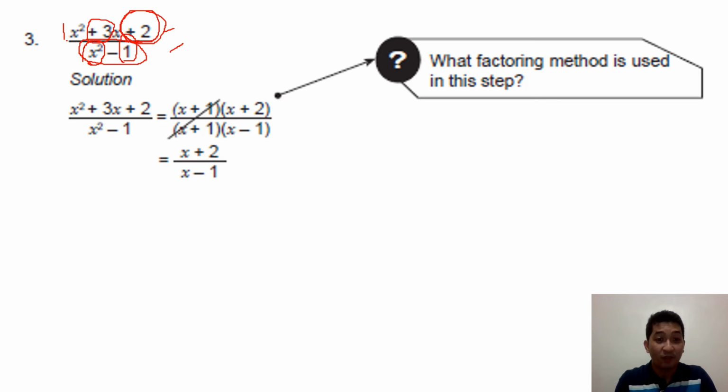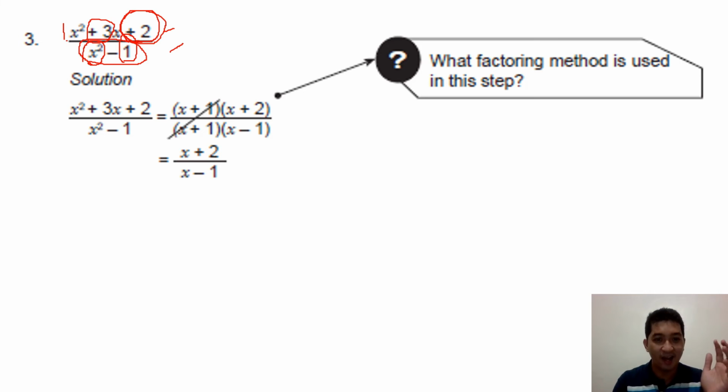So, ano ba ang kanyang factor? Simply write x plus 1, x minus 1. Or kung ano man yon, write the square root of the first term, x, square root of the second term, 1. And then, plus and minus. Yun lang yun. Since ito ay binomial, you just do cancellation of binomials, not terms.